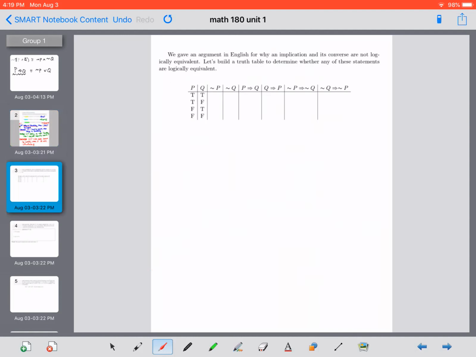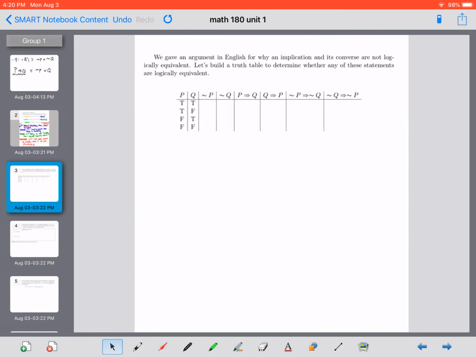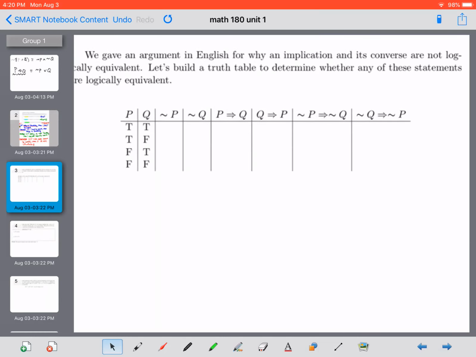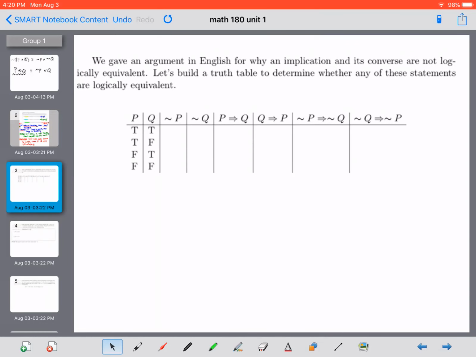But we can very quickly go through and figure out whether an inverse, a converse, and a contrapositive are going to be equivalent to an original statement by filling in a truth table. So for some general statements P and Q, we can go ahead and fill out this whole truth table.